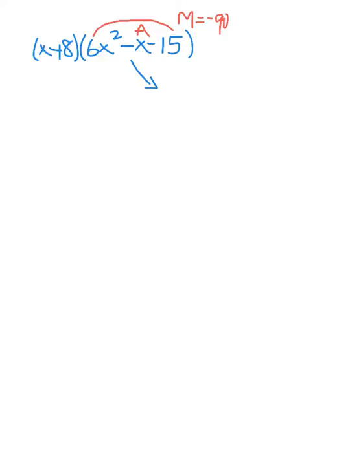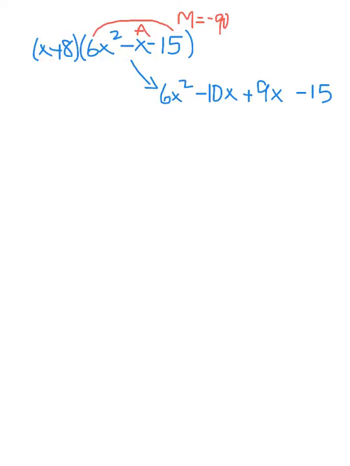All right, so first step here, though, when we're doing rainbow, remember we always bring down the first term. So I'm going to bring down the 6x squared, and we bring down the last term, which is the minus 15. Okay, so I went to my calculator and I looked for two numbers that multiply to negative 90 and add to negative 1. And I got negative 10x and plus 9x.